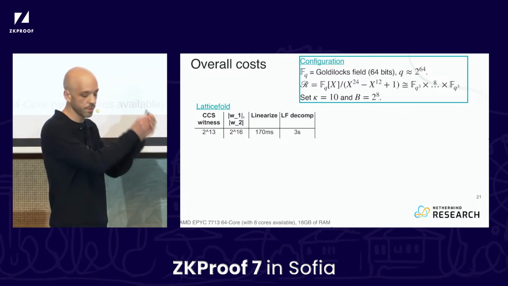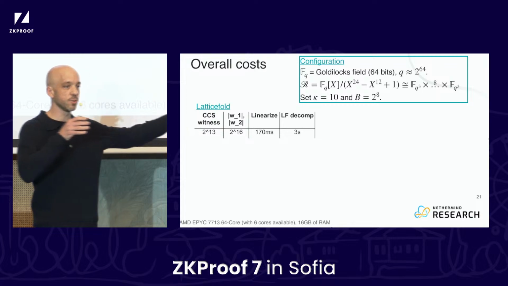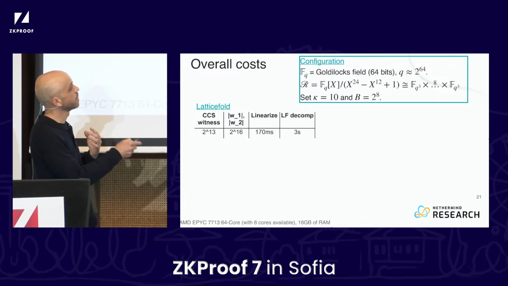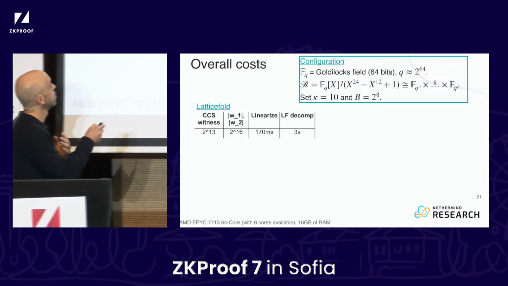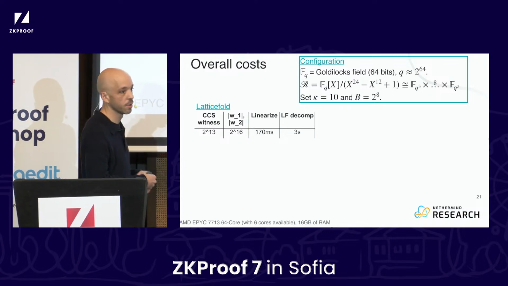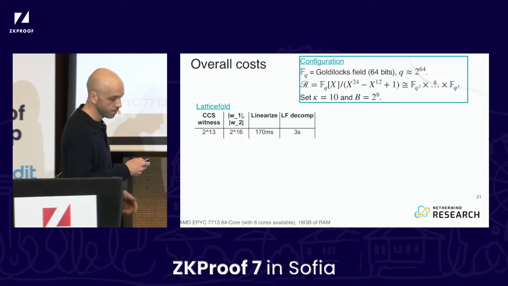If you want to commit to a vector of arbitrary norm, you have to split it into chunks and commit to the chunks. Here we have to split it into 8 chunks, right? Because the bound is 2 to the 8. So we are working with witnesses of size 2 to the 16, really. Or if you want, 8 vectors of size 2 to the 13.